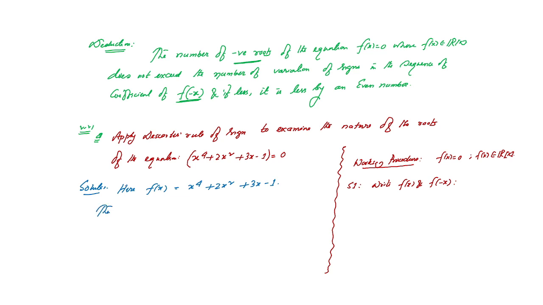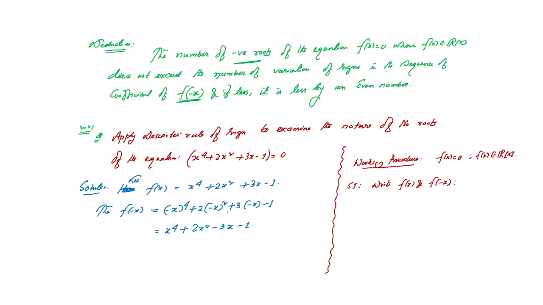Then what is f of minus x? f of minus x is minus x whole to the power 4 plus 2 into minus x whole square plus 3 into minus x minus 1. That will be x to the power 4 plus 2x square minus 3x minus 1.